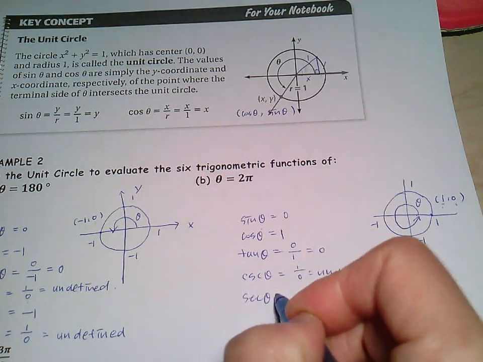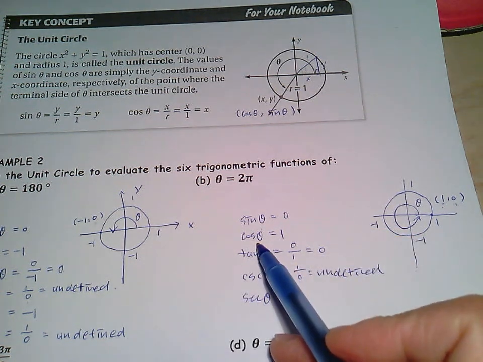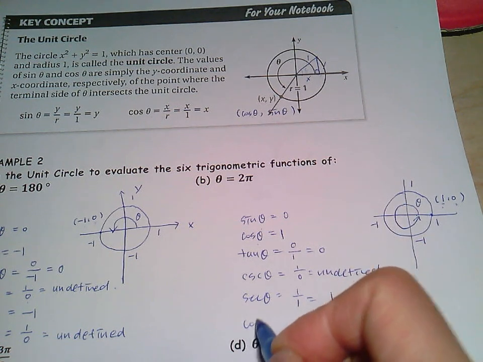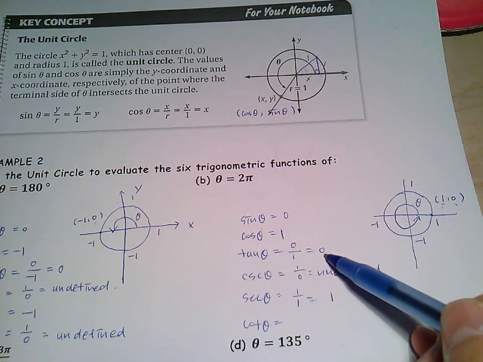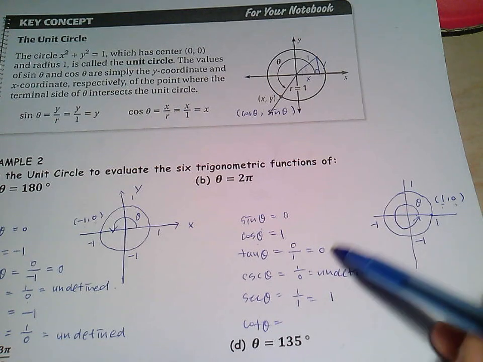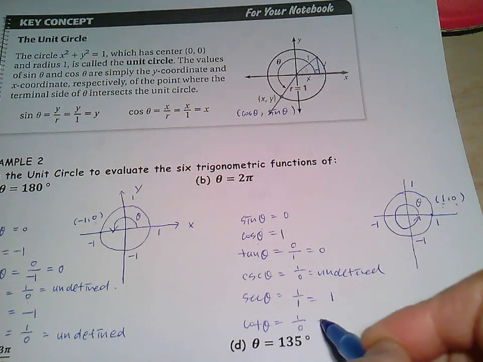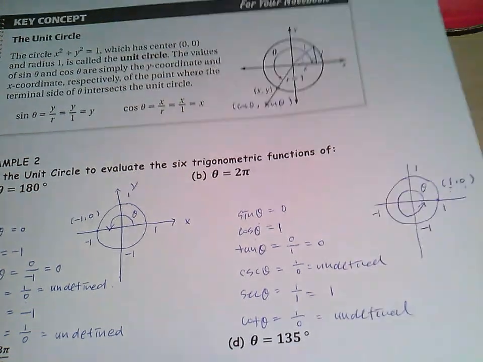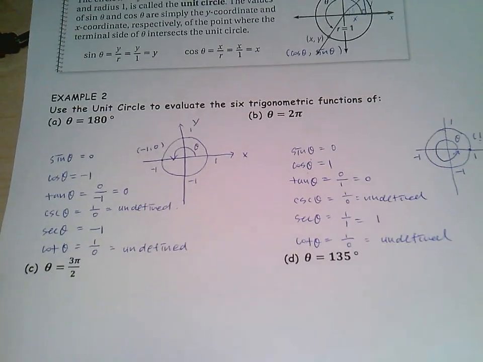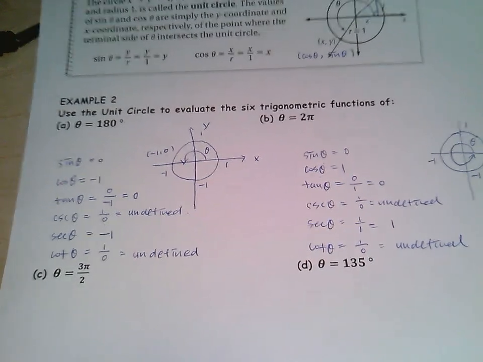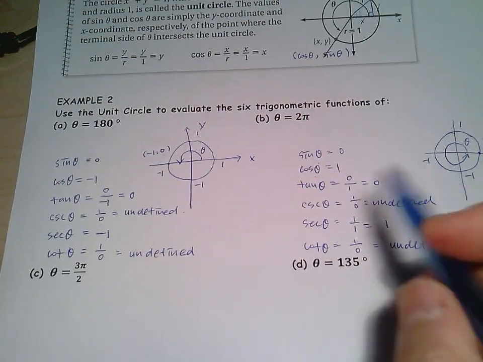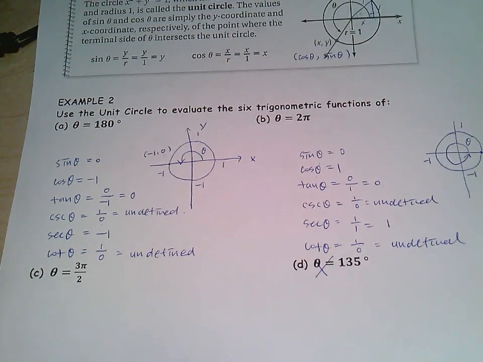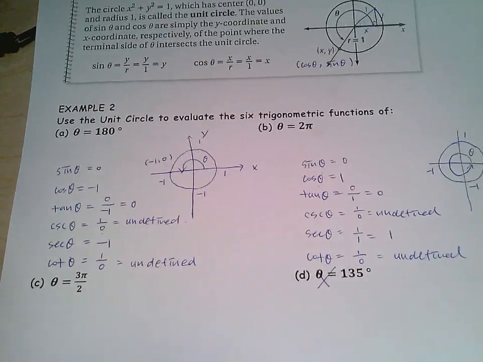Now secant theta is 1 over cosine, so 1 over 1, which is 1. Cotangent theta is 1 over tan, which is 1 over 0, which is undefined. Okay? In this case, you don't have to worry about D because we have to learn the next topic and then we have to come back.